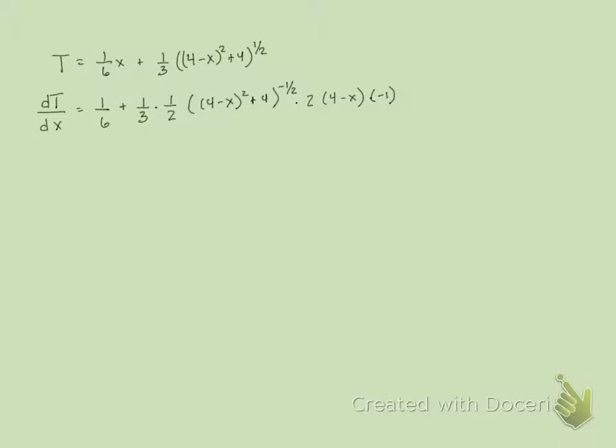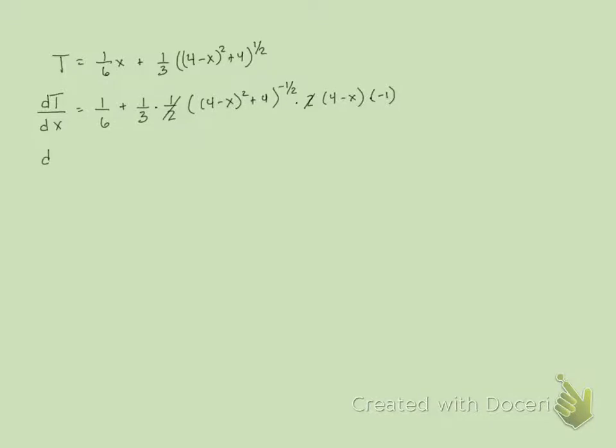So there's our derivative. We need to clean this up a little bit. So first note that this 1/2 and this 2 are going to cancel. I'm going to bring this -1 out here to call it a minus sign.